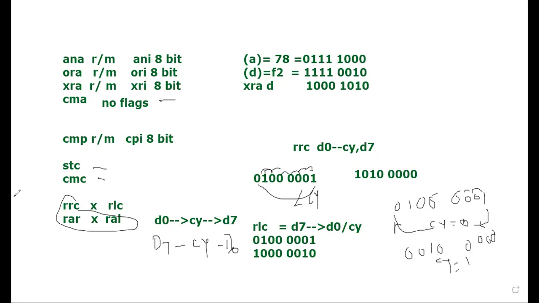Then you have the branching instructions. Jump and 16-bit address is an unconditional branching instruction. The control will be transferred to the 16-bit address by this. Conditional branching: jump if carry, jump if no carry. Again you have to mention the 16-bit address in front of it. Then you have jump if 0, jump if not 0.